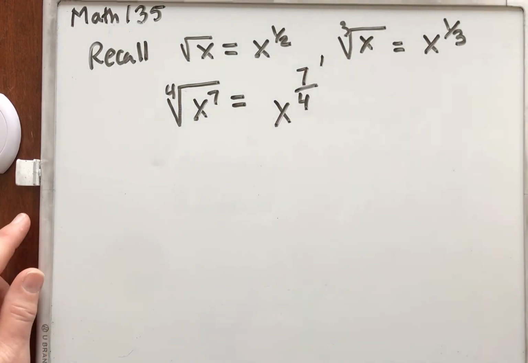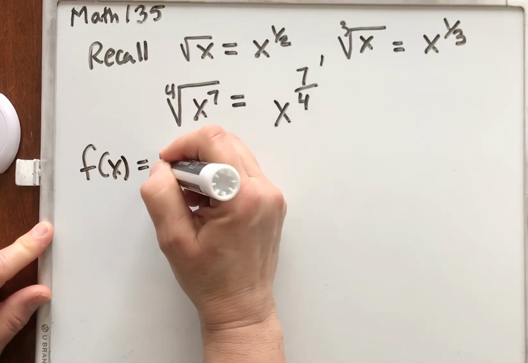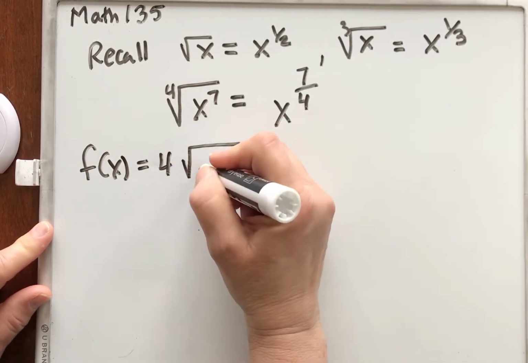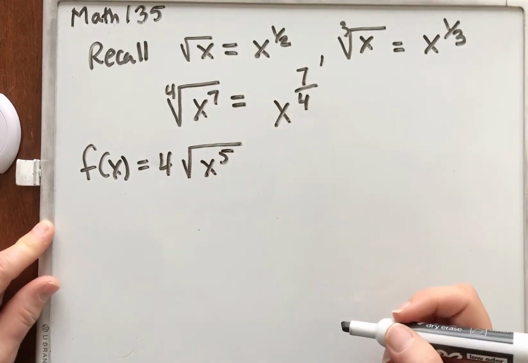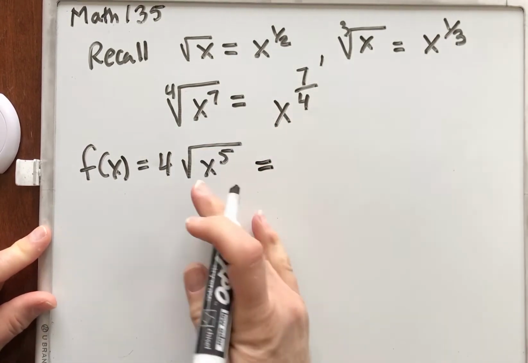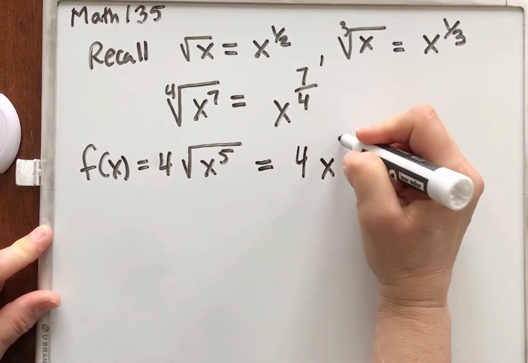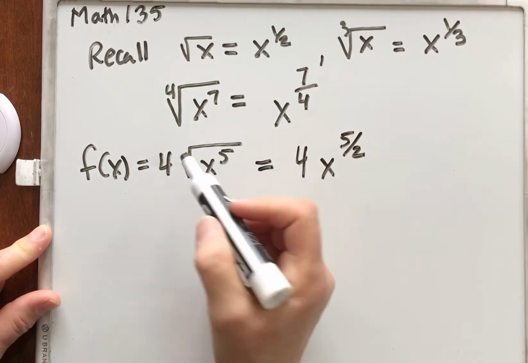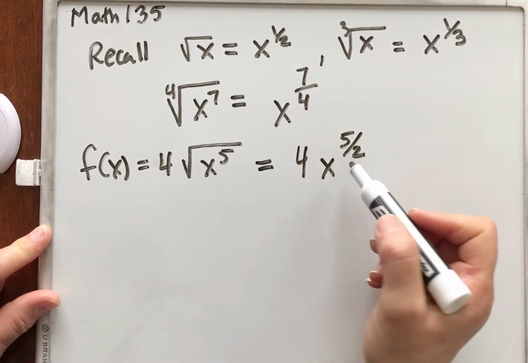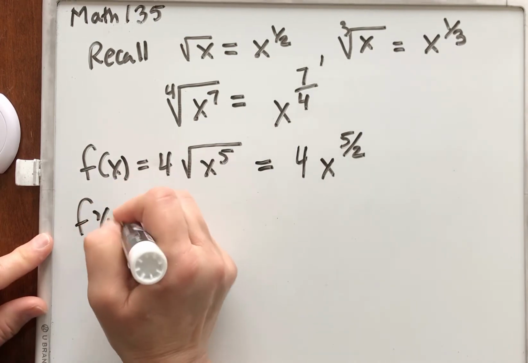Now if you have a problem like this in WebAssign, where you have f of x equals 4 square root of x to the 5th, before we can begin to do f prime of x, we're going to change this into an exponent. So we have 4x to the 5/2. Remember, the root is the denominator. Now once we got there, we can take the derivative.